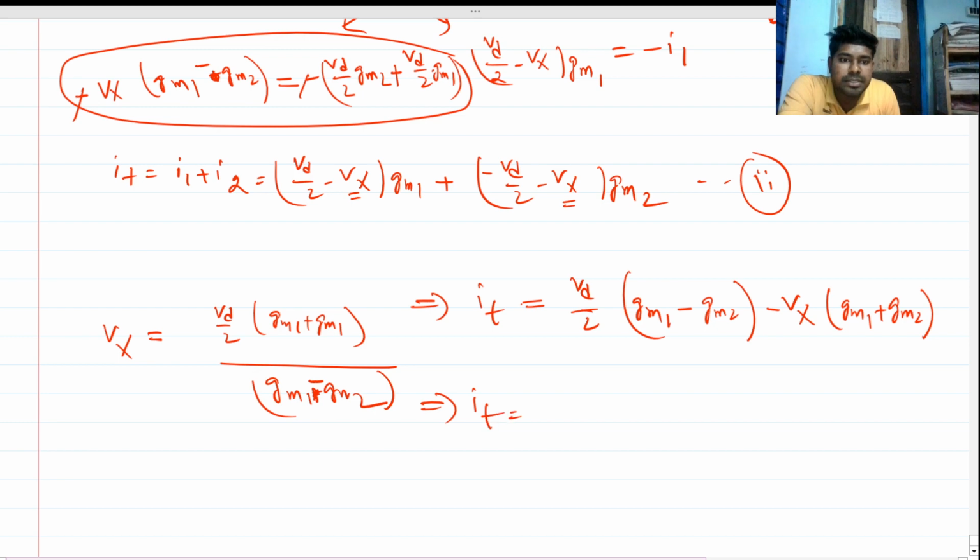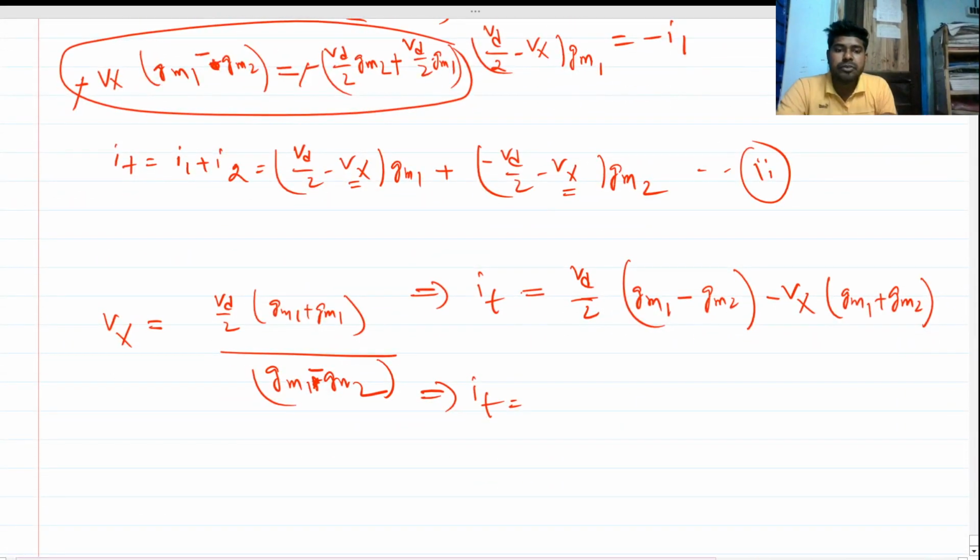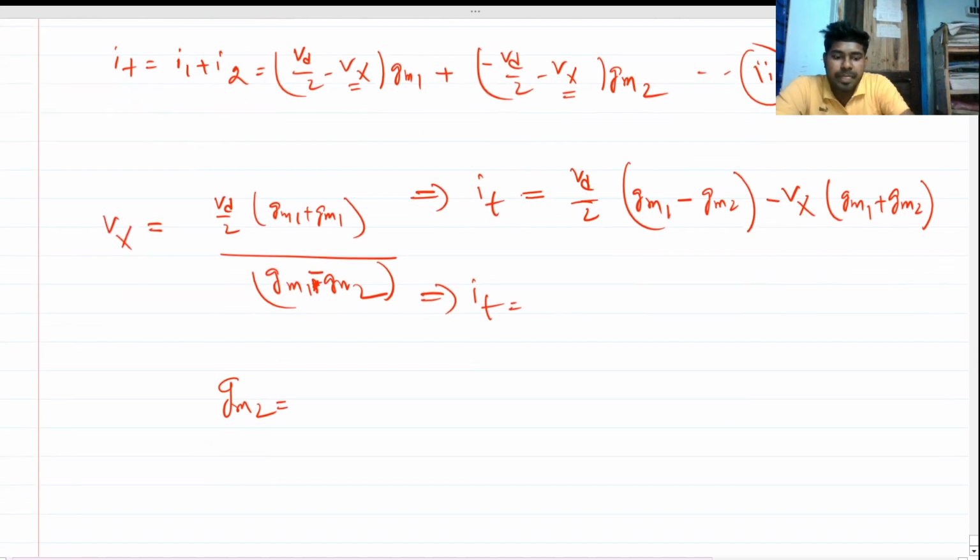So IT times, okay, now we have to calculate what will be the Gm2. We can see that in both cases the I is exactly equal, right? So now we have Gm right over here. So the Gm2, what will be the Gm2? We know that the expression for Gm1 is nothing but root of 2 times IDSS by 2, because the current is same, right?